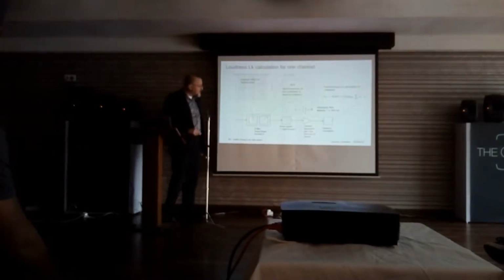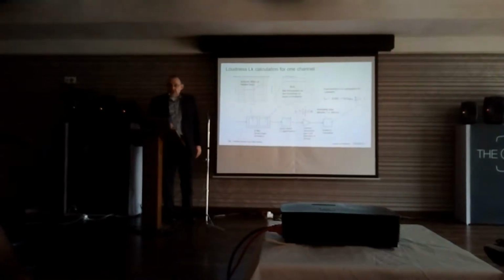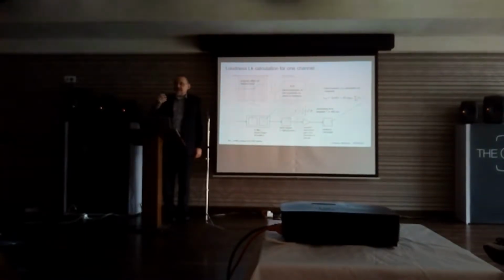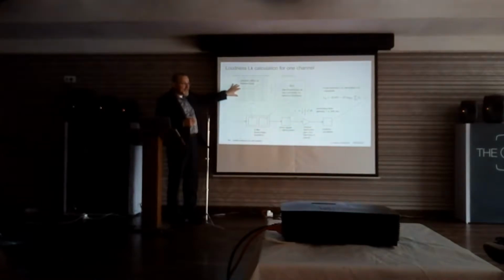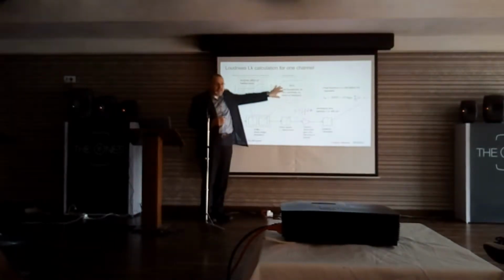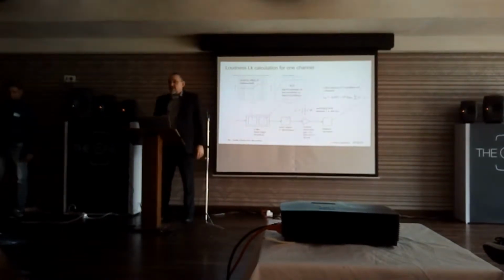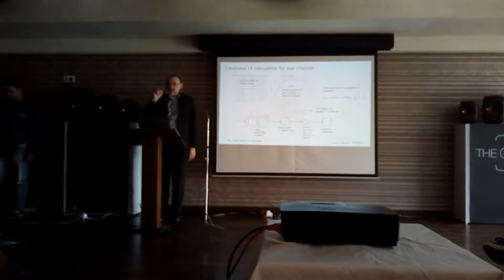The next stage is that you apply two filters. And these filters have to do with the acoustical effect of your head and the way people judge loudness. So this is your head effect, and that's your loudness judgment effect. And these filters are described in the standard. And so you put your 400 milliseconds worth of audio through these two filters.